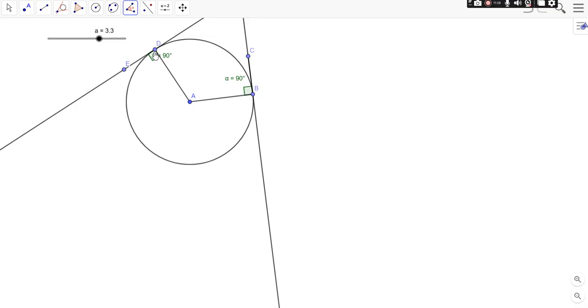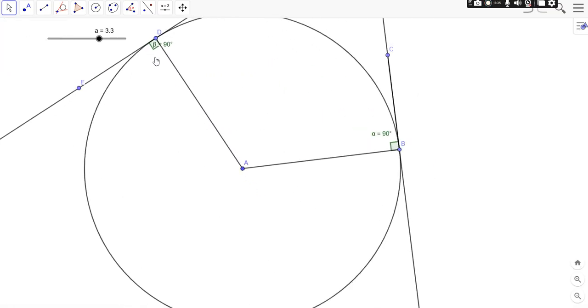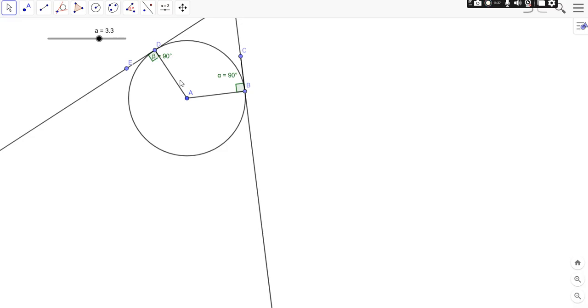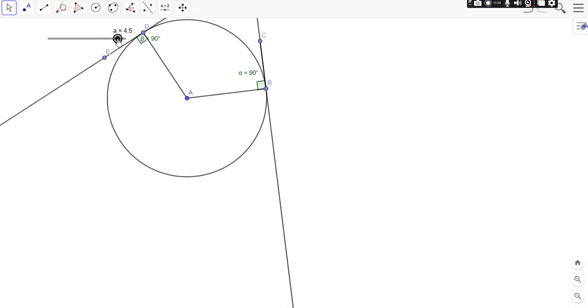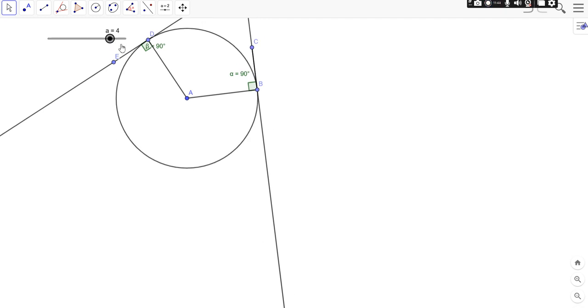So what have we observed so far from this activity? Whatever the radius of the circle may be, it hardly matters.